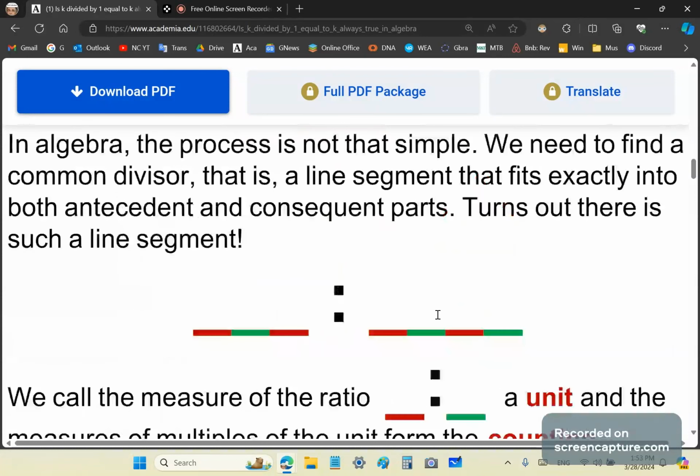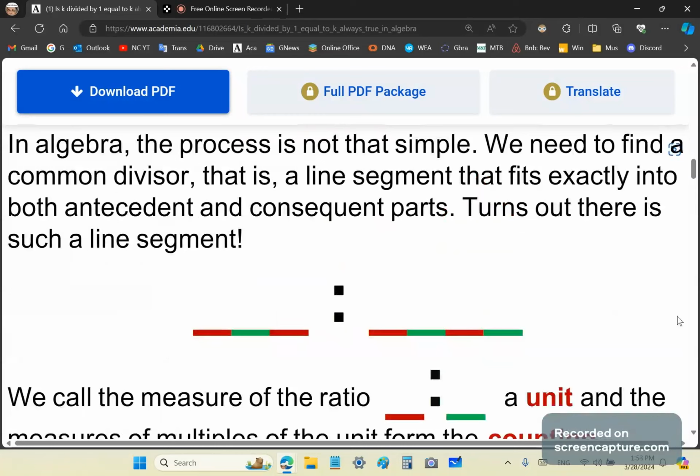Now, in algebra, the process is not that simple. We need to find a common divisor, or, as the Greeks would rather say, a common measure. In other words, in Greek, kinometro. Kinometro means common count or common measure.